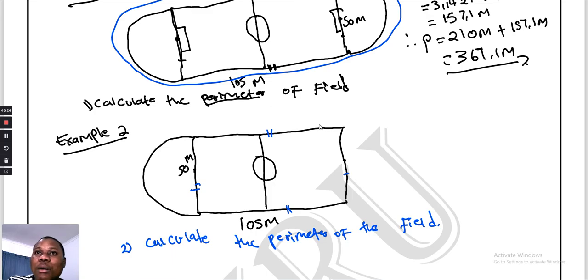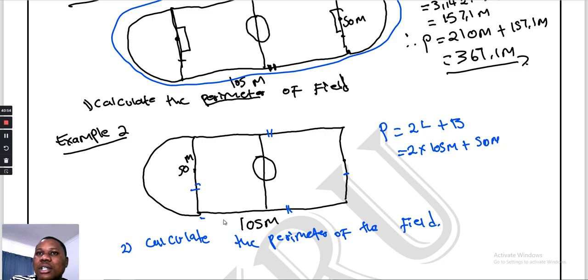One of our breadths is inside the field, meaning that our two lengths are around the field. We're going to have two lengths plus one breadth. We are no longer going to have two breadths because the other breadth is inside the field, meaning that our perimeter is going to be 2 multiplied by 105 meters plus 50 meters, because this line is around the shape.